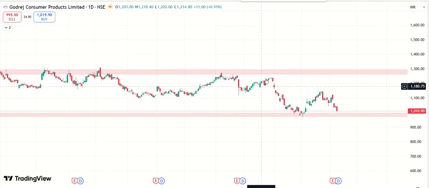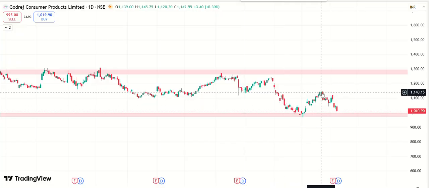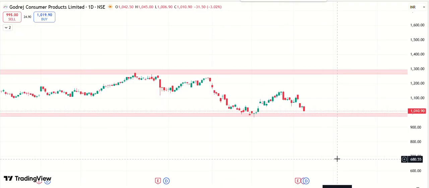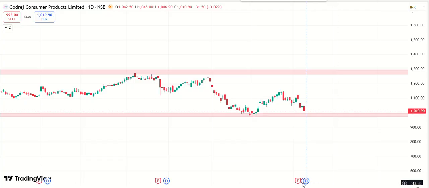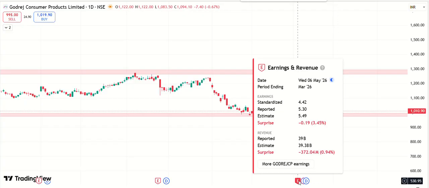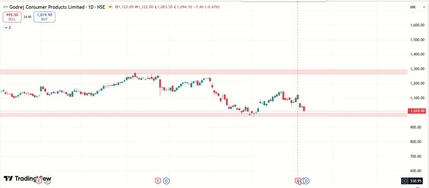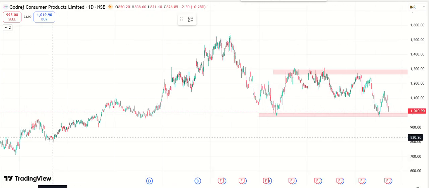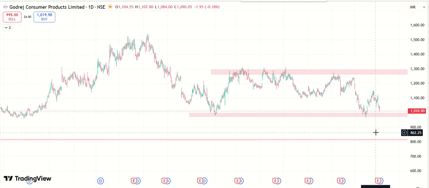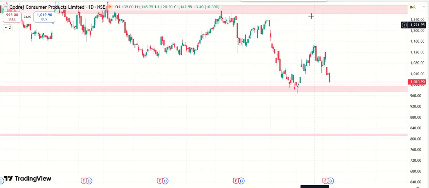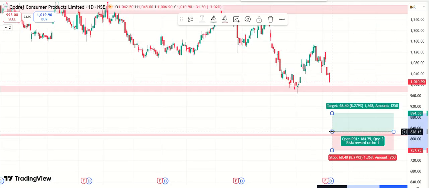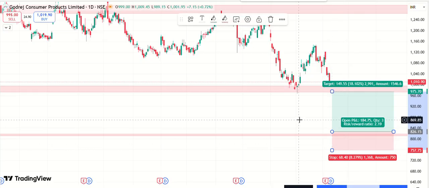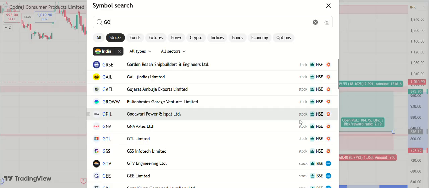It came back to support, gave a pullback and came back. So it is in the downtrend, and also the result was in the red, so we are not considering this. Maybe it will go up to this area and we will trade here. Let's wait for that. There is no opportunity for today.